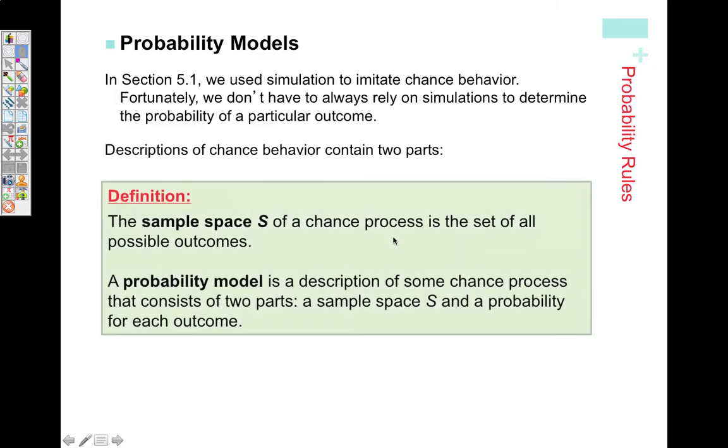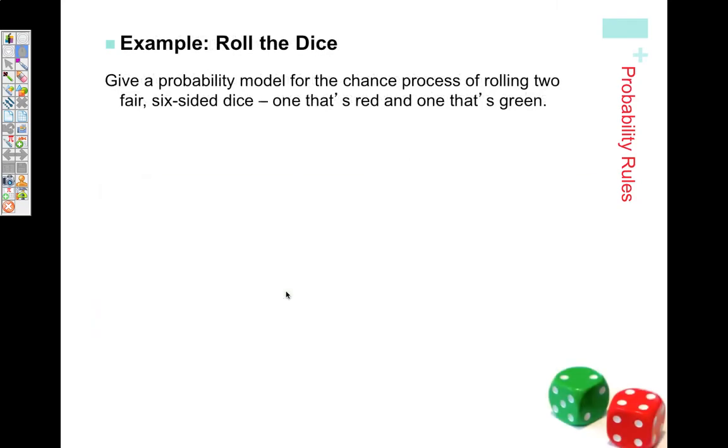A description of chance behavior contains two things. It contains a sample space of a chance process, and that sample space is all possible outcomes. And then it will also talk about a probability model which has the probability of each thing in the sample space. And we'll see what this looks like in just a second.